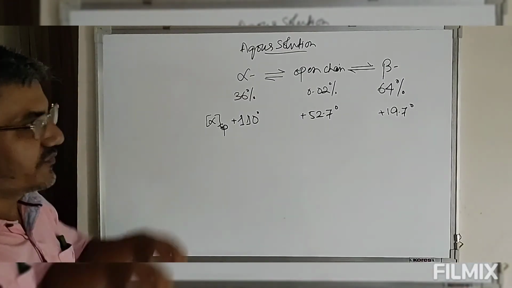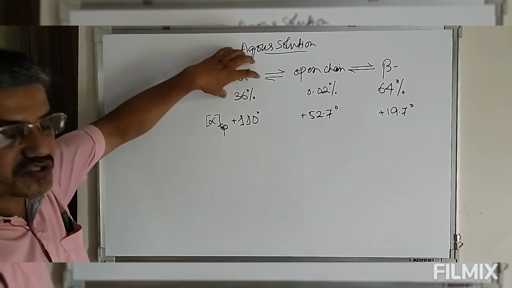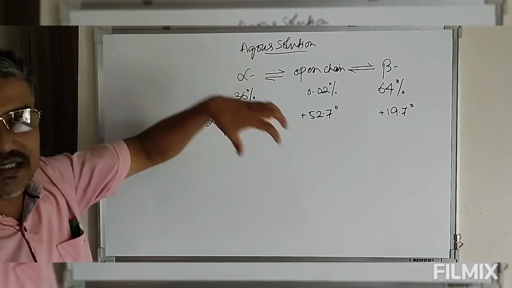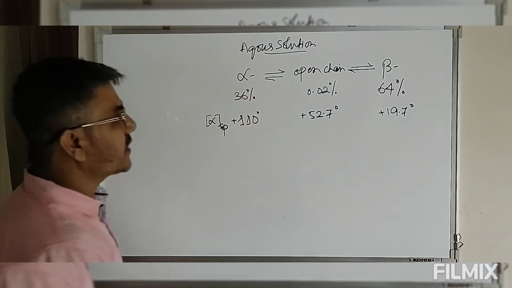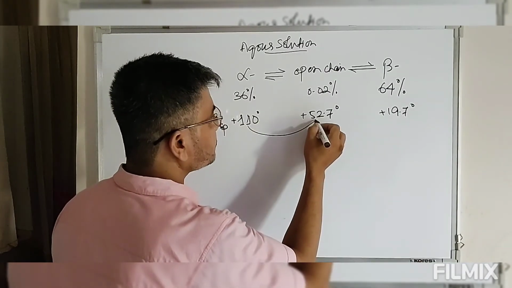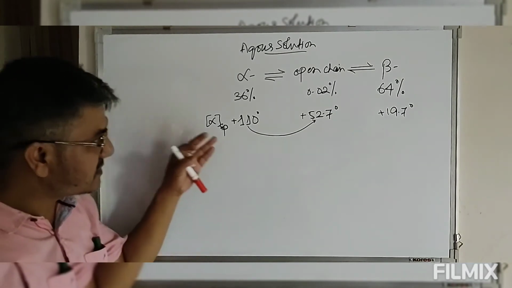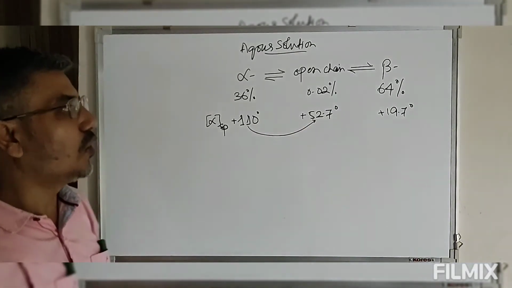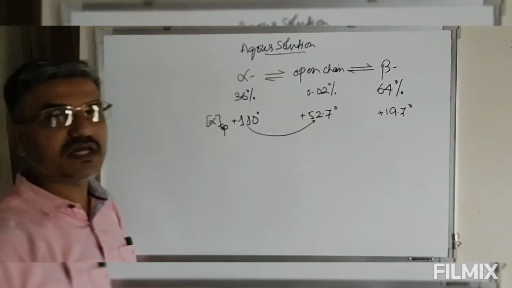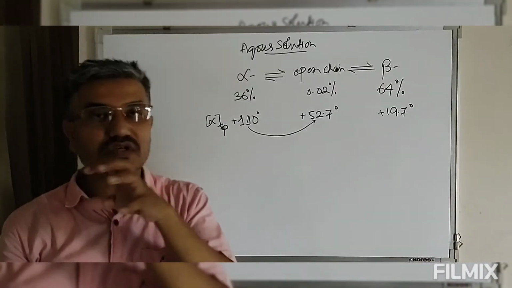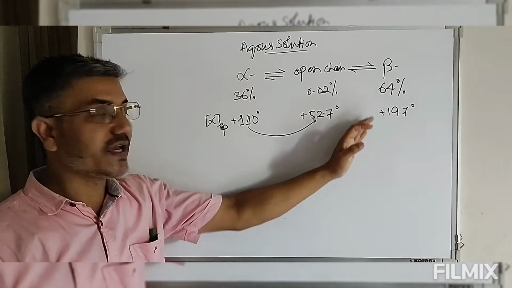That means if we are starting with this alpha D-glucopyranose, this freshly prepared alpha D form on standing, the specific rotation decreases from 110 to 52.7 and this remains as it is. On the other side, if we are starting with freshly prepared beta D glucopyranose solution, this on standing changes to a constant value.